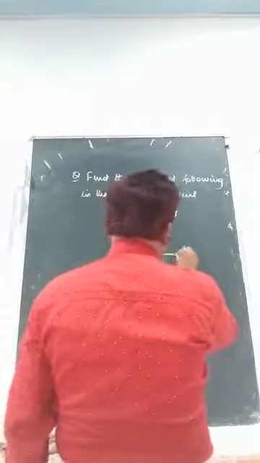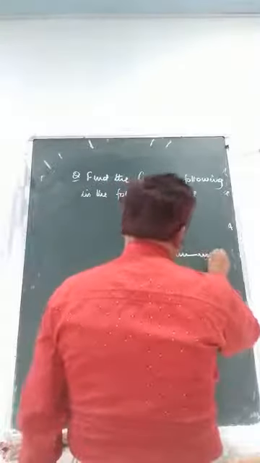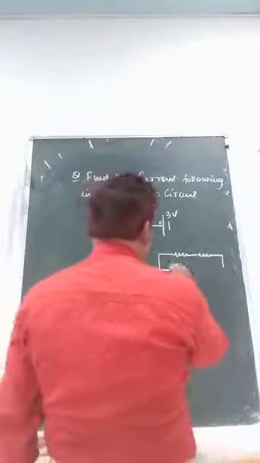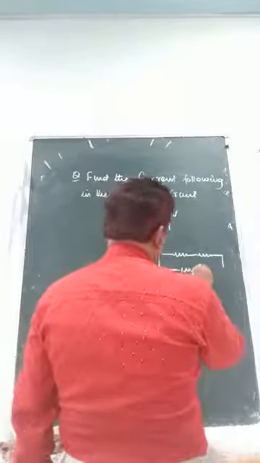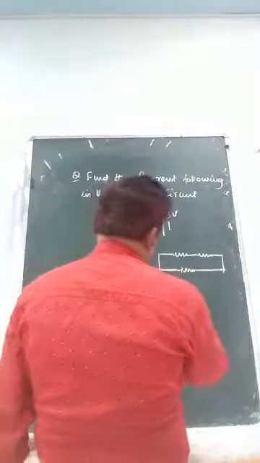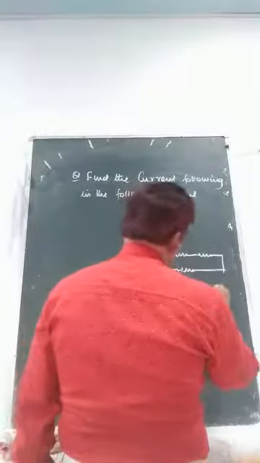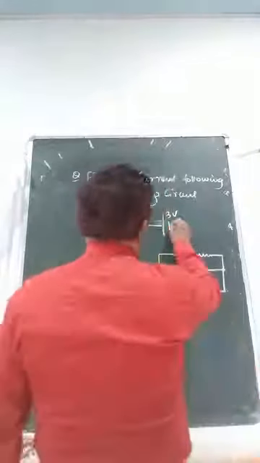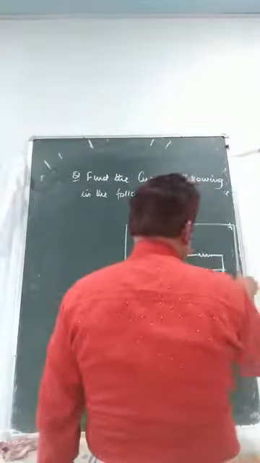From that junction, one piece goes like this, and the other piece goes like this. This is the symbol of resistance. It comes like this and joins here.